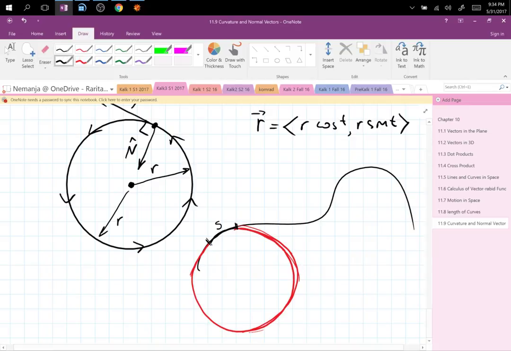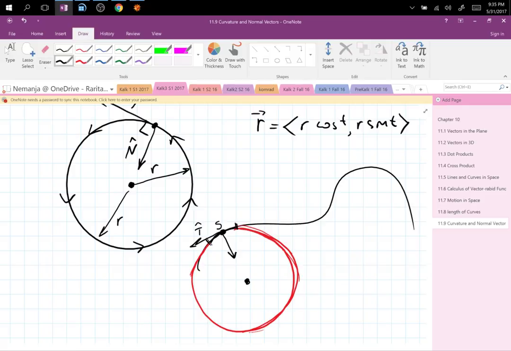So if I'm looking at the point here, I will have the tangent vector go this way and the normal vector point to the circle. As soon as you move a little bit to the right, there will be a different circle of different size, which also has a center.